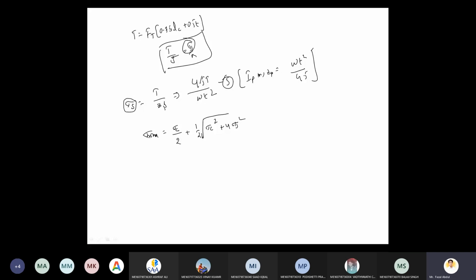So why have I written this equation? Because the nature of stresses are different. One is a direct stress acting, one is a shear stress acting. So nature is different here.